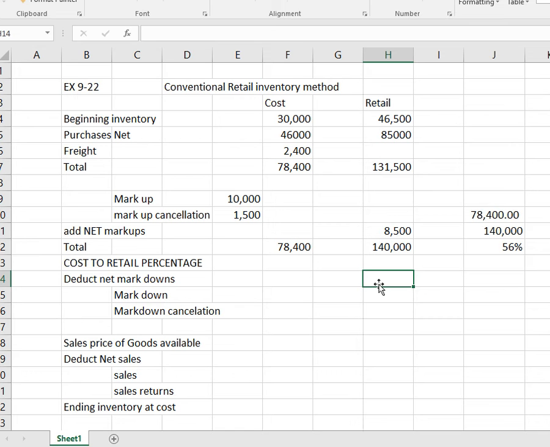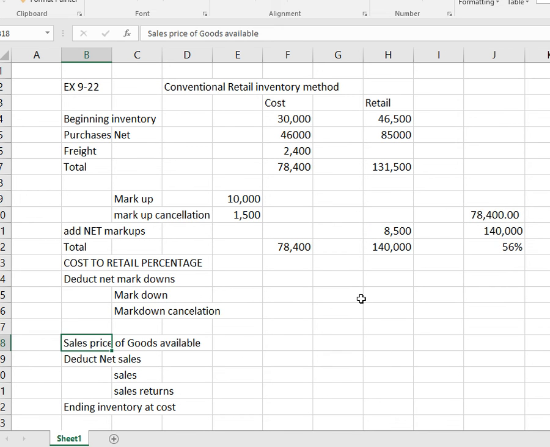And so we will take into account our net markdowns and minus those out, and that'll be all of our sales price of goods available. Sales price of goods available right there.